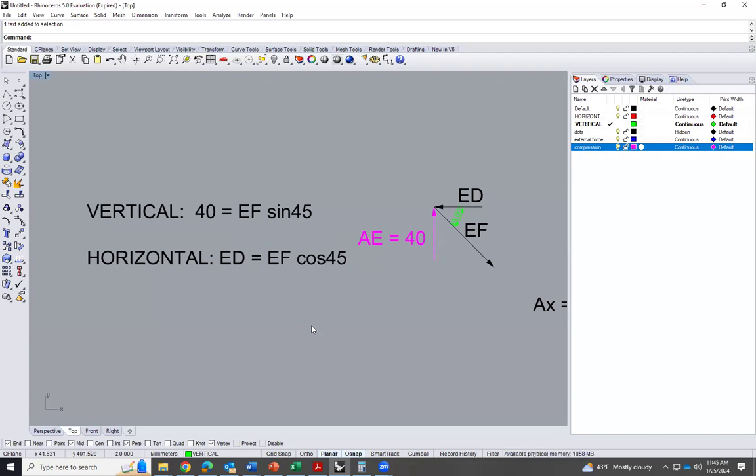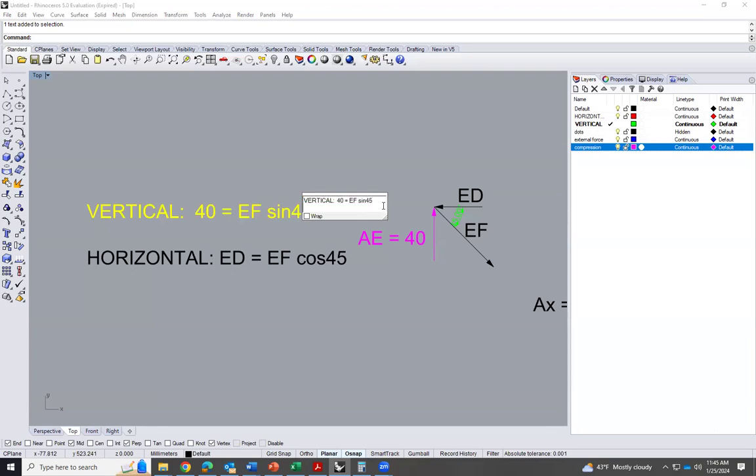Okay. We can calculate EF out of this equation. So EF equals 40 divided by sine 45.